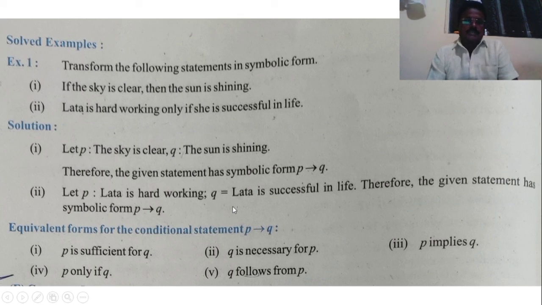Equivalent forms for the conditional statement. The equivalent forms of the conditional statement P → Q are: first, P is sufficient for Q, that is P → Q. These are equivalent forms of the conditional statement.